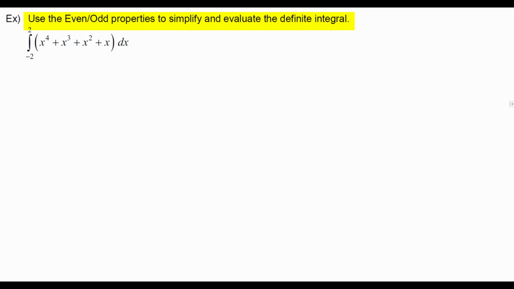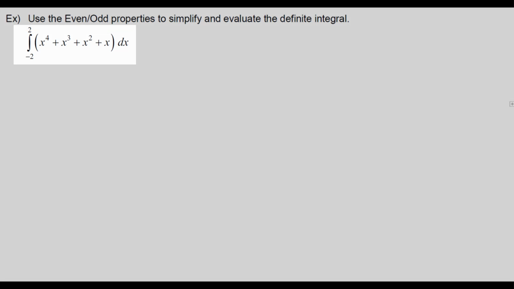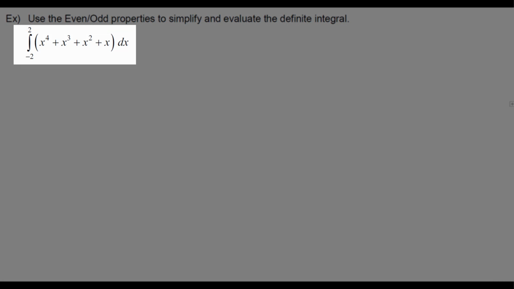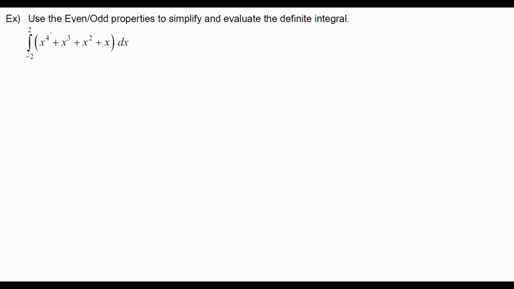Use the even/odd properties to simplify and evaluate the definite integral. I want to integrate from negative 2 to 2, x to the 4th plus x to the 3rd plus x squared plus x. X to the 4th and x squared are even functions. And x cubed and x are odd functions.